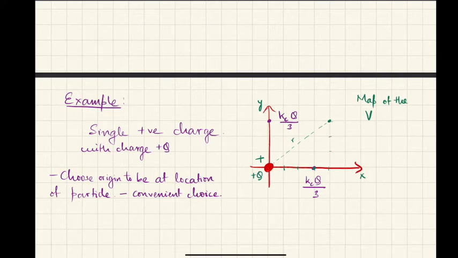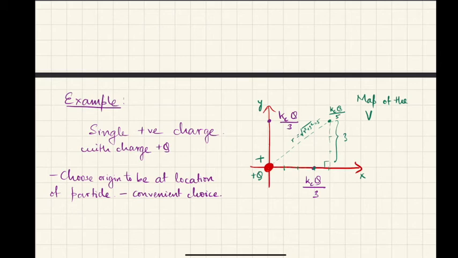So therefore, from Pythagoras' theorem, so let me just write this out as 3, and this as 4, that distance is the square root of 4 squared plus 3 squared, which is 5, right? So this is 5 units away. So the potential at that point is simply given by kcq over the distance, which is 5, right?